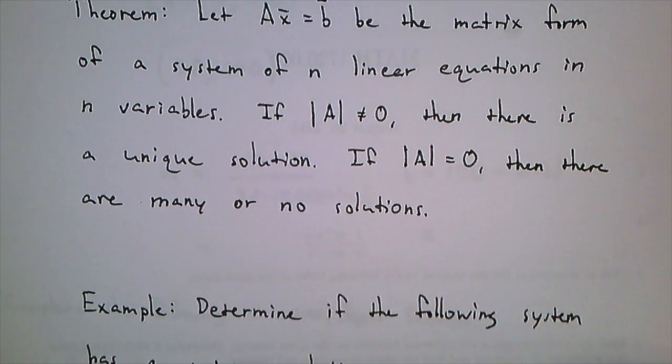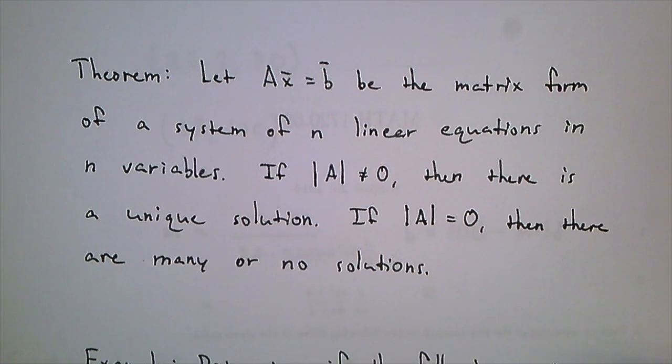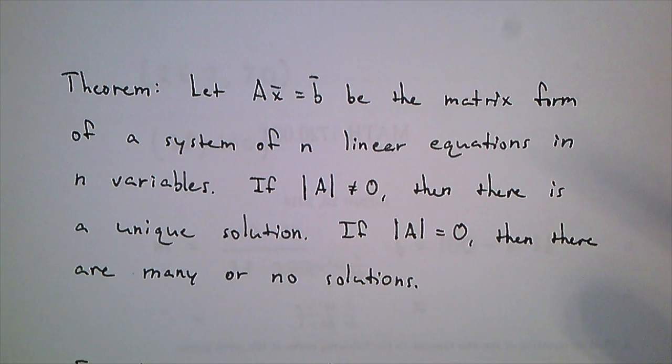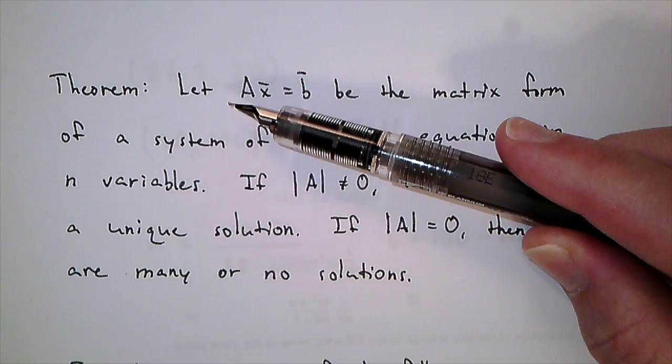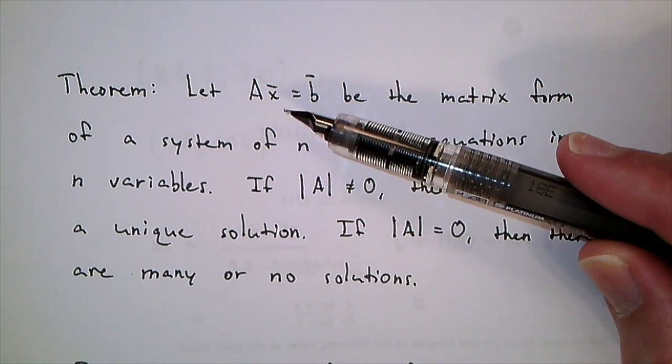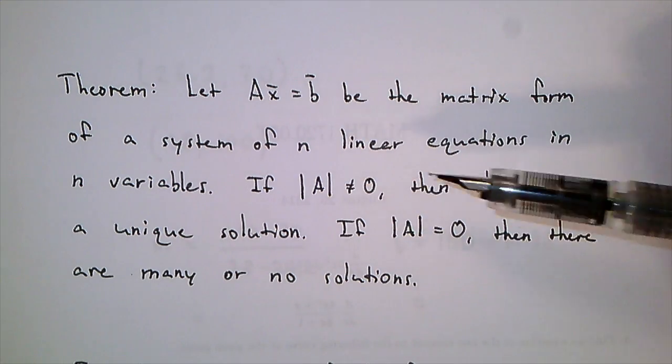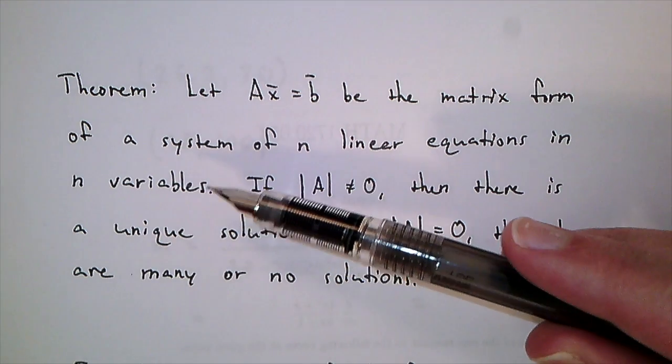Here's another theorem. And this one has to do with systems of equations. So here we're going to look at an equation. Let Ax equals B be the matrix form of a system of n linear equations in n variables.